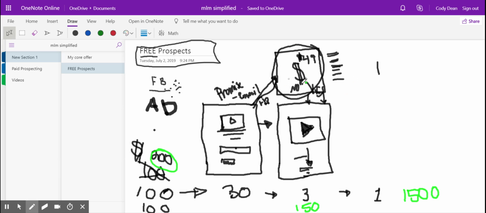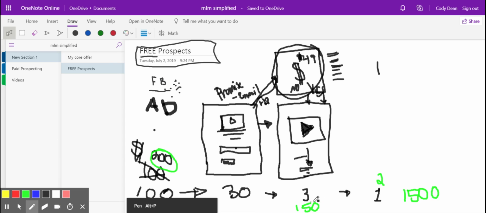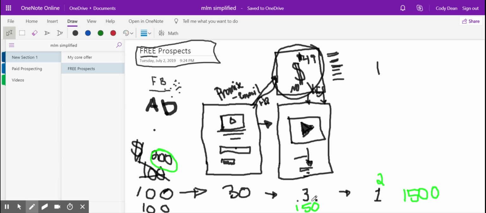We add more value here, or say we close 2 people, right? This is what you want to look at: how much money do you make on this? This is a front end product. A front end product, $150, basically covers your ads. Those are no longer existent. And then you have $1,500 that you got for free.